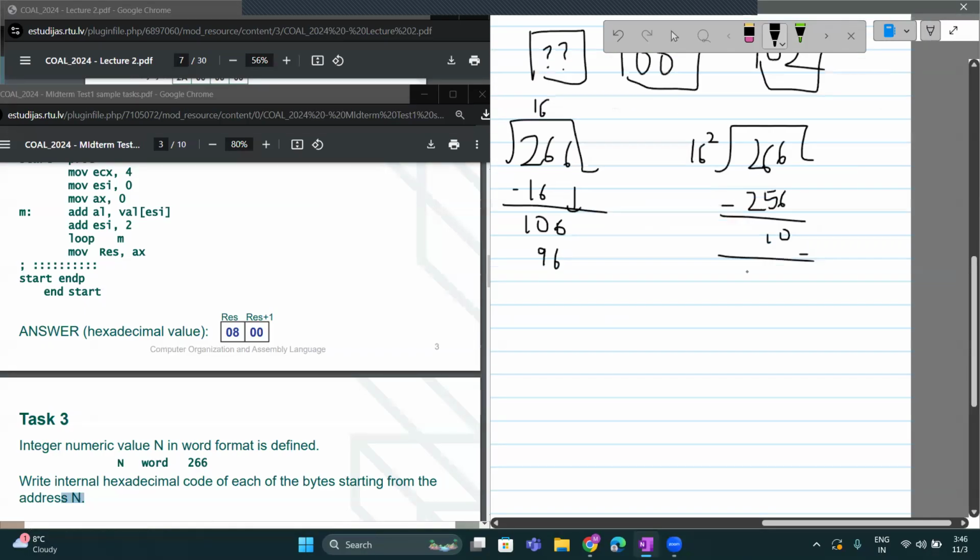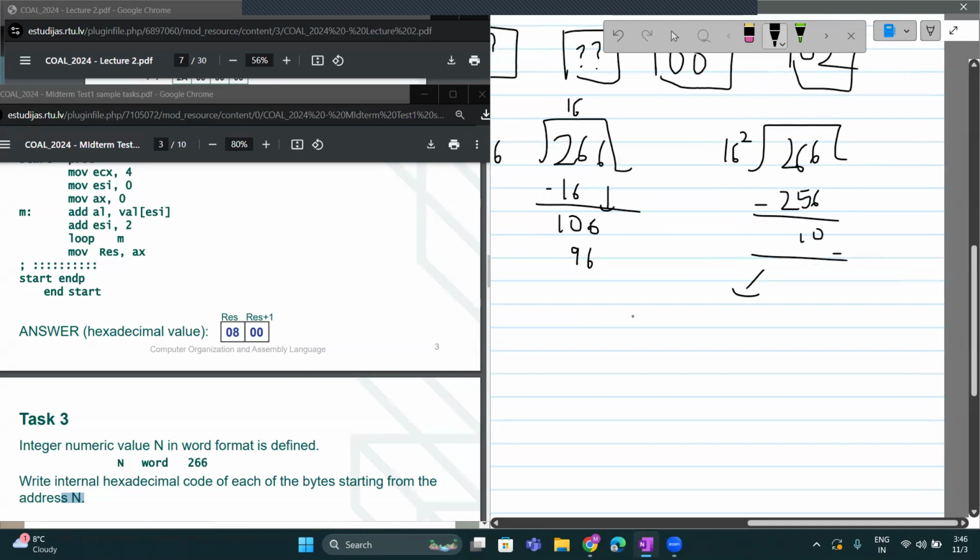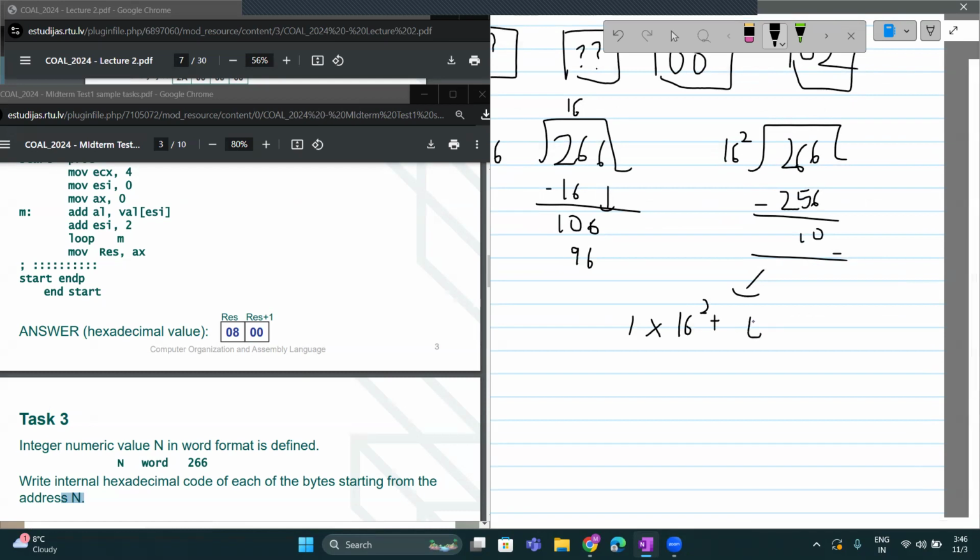So now if we represent this, it will be 1 times 16 squared plus 0 times 16 plus 10 times 16 to the power 0. So from here we can get the value.